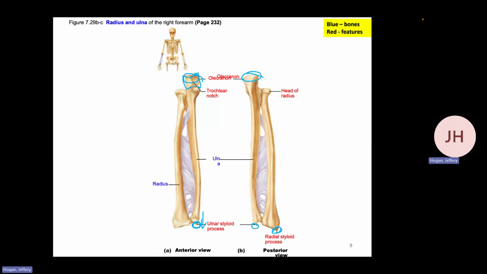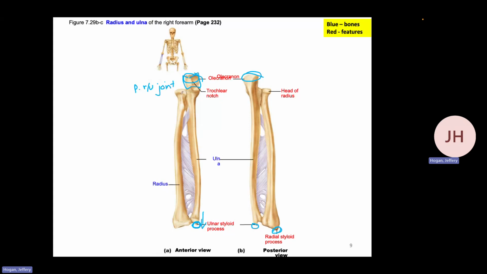Now the radius and ulna, the radio-ulnar joint, more specifically the proximal radio-ulnar joint. I'm just going to abbreviate that here. This is a pivot joint.